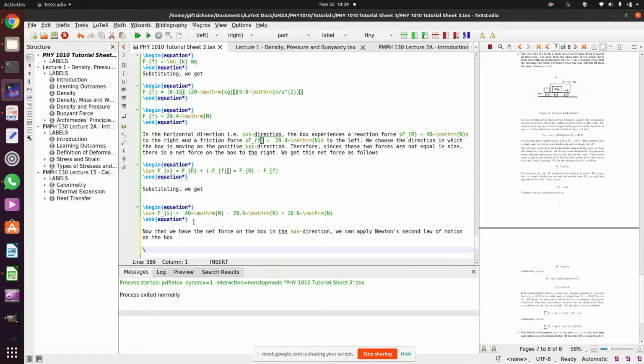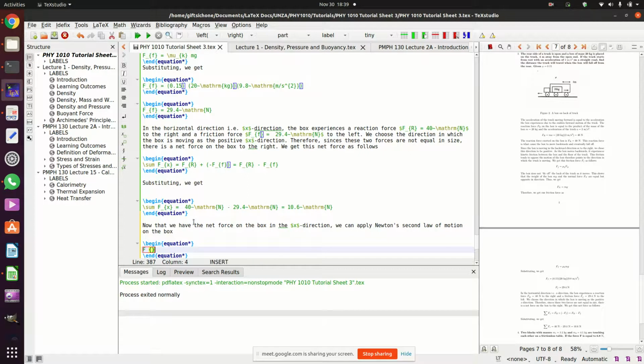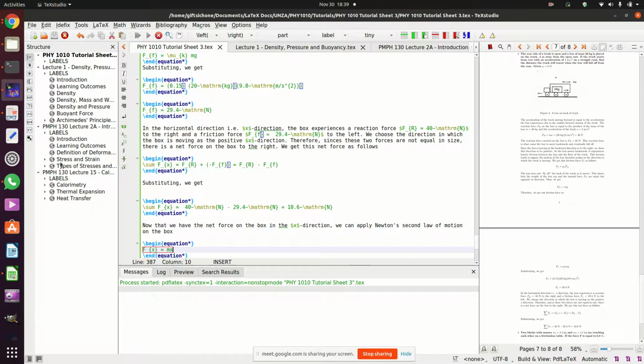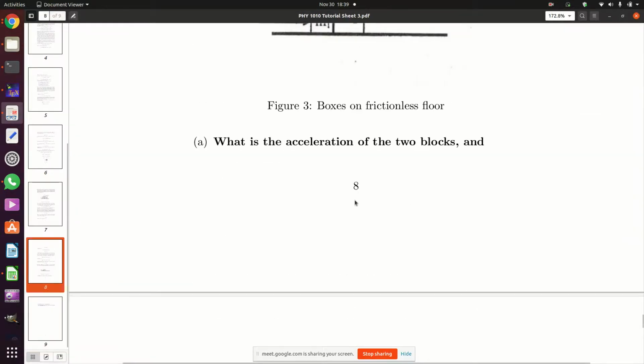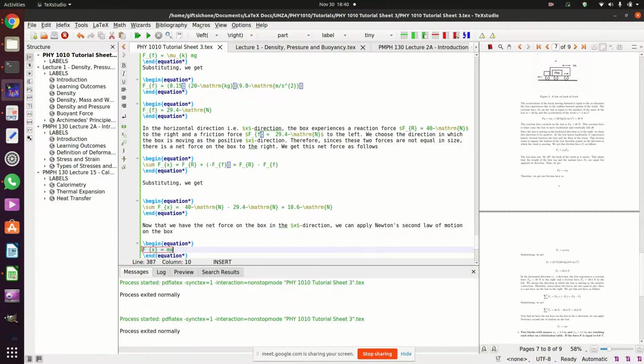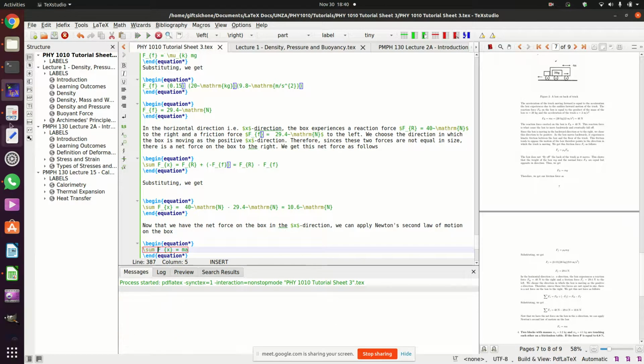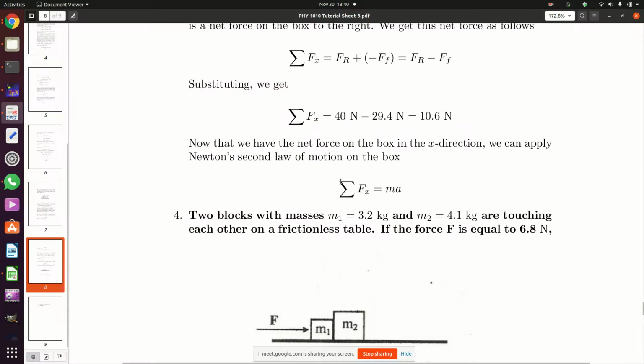And how does that look like? Sum Fx is equal to ma. Oh, sorry, there's a summation missing there. This bit we already have. It's 10.6 newtons. The mass of the box is 20. So we can find the acceleration of the box.